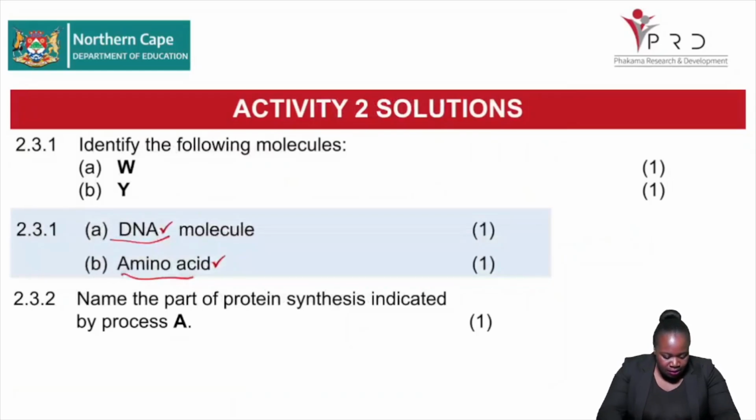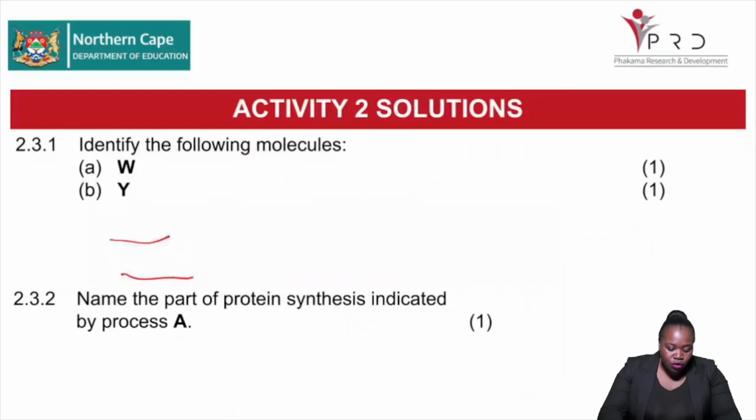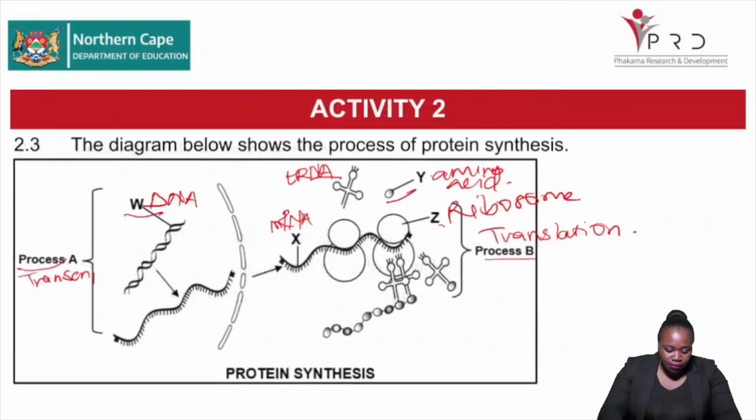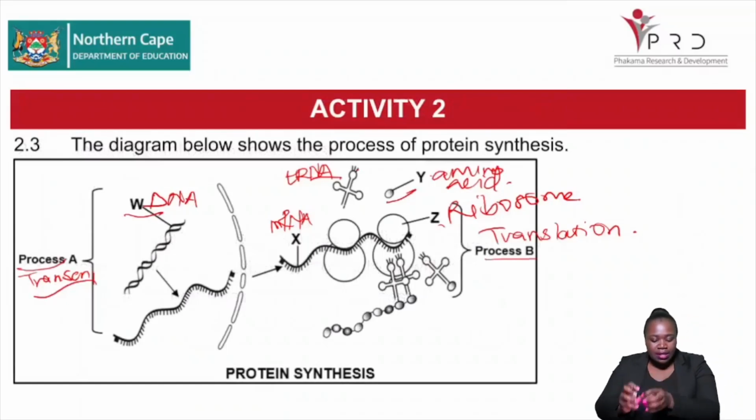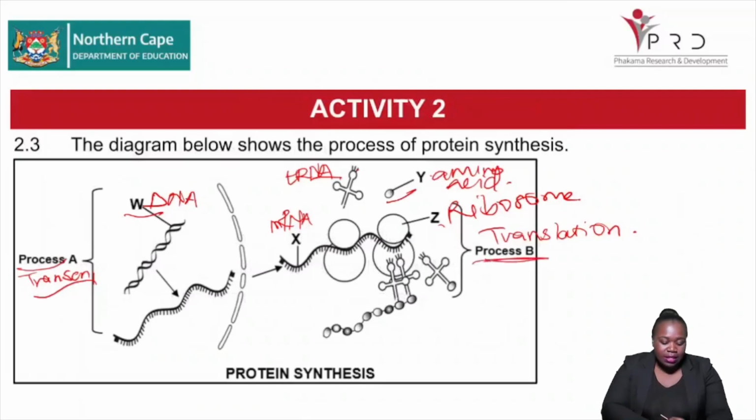The next one says, name the part of protein synthesis indicated by process A. Process A, if we have a look at our diagram, process A is transcription. Remember, the first phase in the nucleus is transcription. The second phase in the cytoplasm is translation.